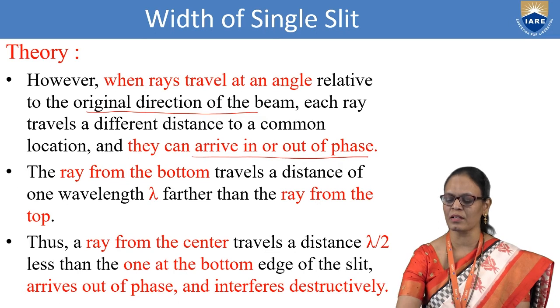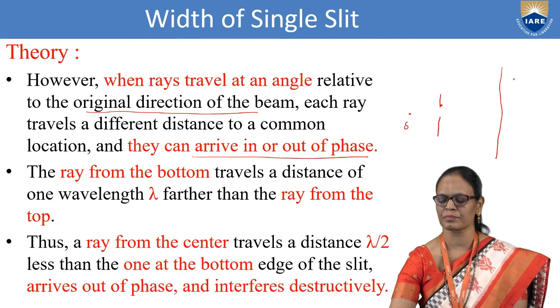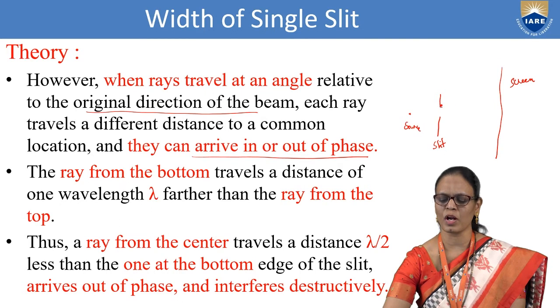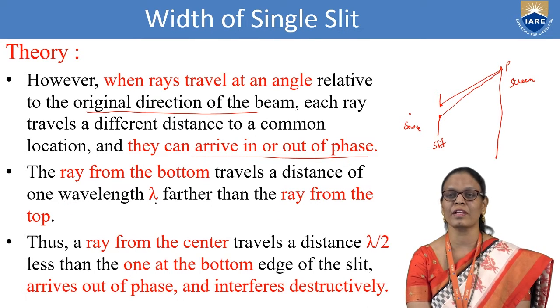Now, if this is the source and this is the slit, and this is the screen, those rays coming from this point, say on a screen at P, and the ones coming from the other end of the slit differ by a distance of one wavelength, lambda.